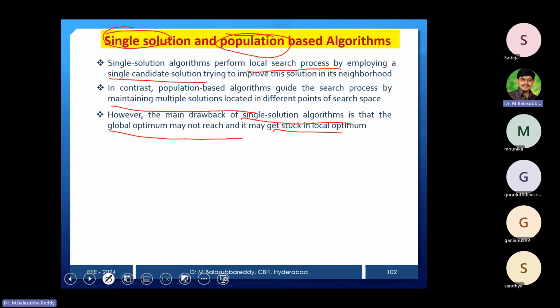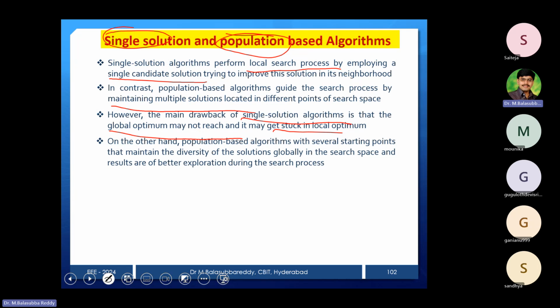But for the global optima, by comparing all the agents, we can identify which one is the best solution, and that we call the global optimum. But it is a local search process, so sometimes it fails to reach the global optima.